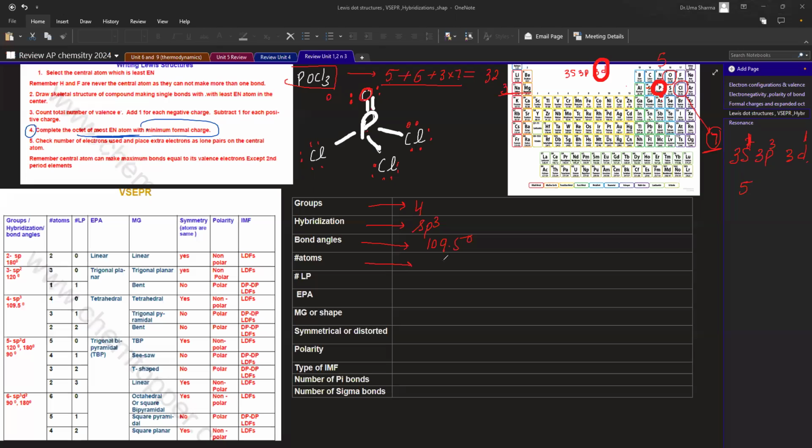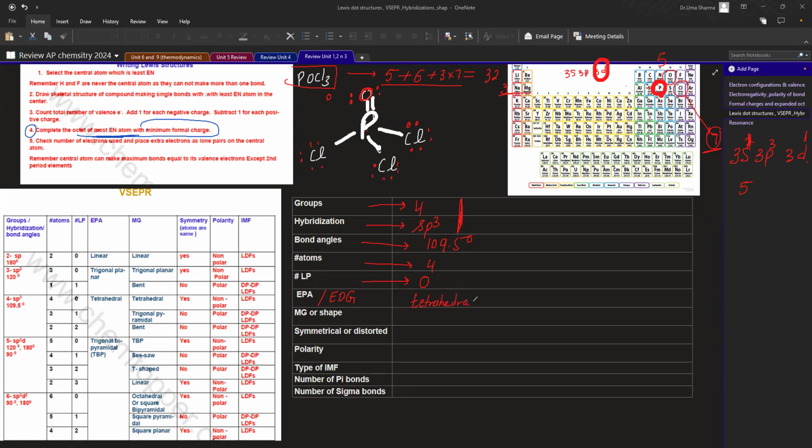Number of atoms on P. Lone pairs on P. Electron pair arrangement or electron domain geometry, which is decided from here. Tetrahedral.